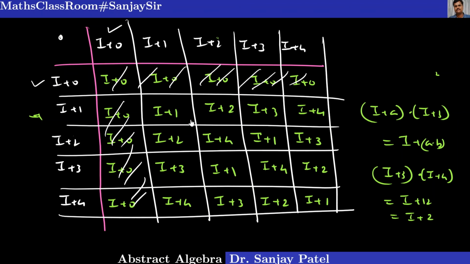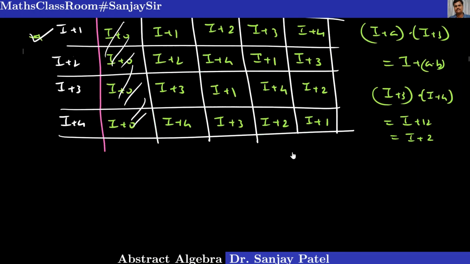Again, what is the identity element in this case? You can observe that I plus 1 is behaving like an identity element in this case, because I plus 1 into something is equal to something, and something into I plus 1 is also equal to something. So x into I plus 1 is x, and I plus 1 into x is x. So I plus 1 is the unity element here.